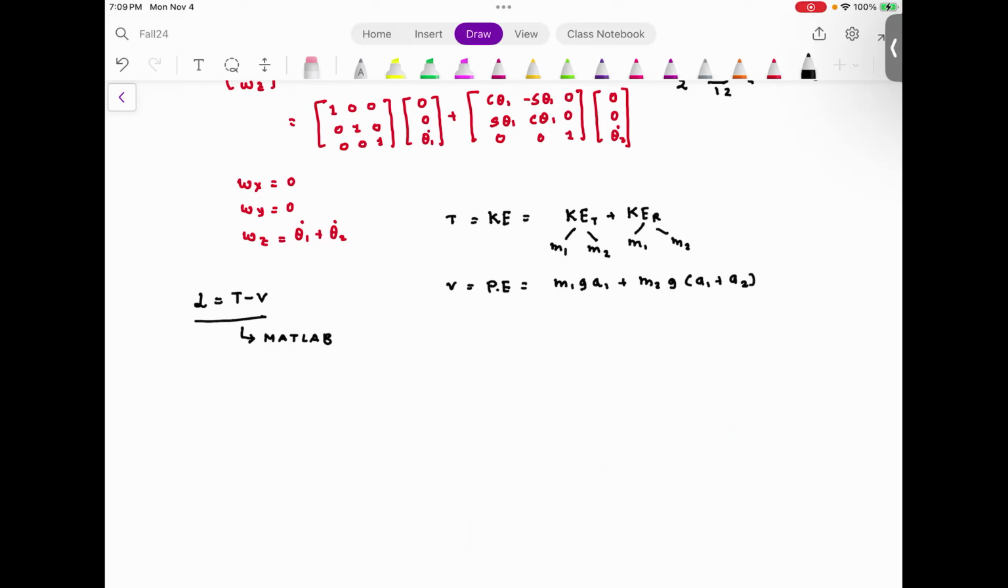But the beauty of this approach is, since it does not depend upon any vector algebra, all the quantities are scalar quantities, and the whole thing can be programmed inside a computational software like MATLAB very easily.